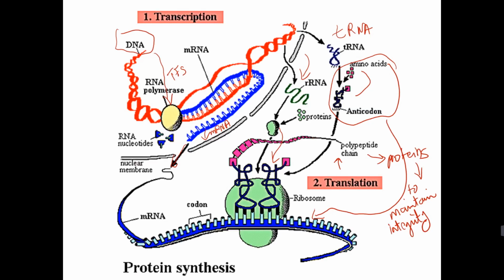We talked about all of the processing factors, so the guanylyl transferase, which will add on that 5-methyl-G cap, the polyadenylate polymerase, the spliceosome. So all of these factors, okay, that are essential. We have our rRNA, again, with lots of proteins to help in the formation of the ribosome.